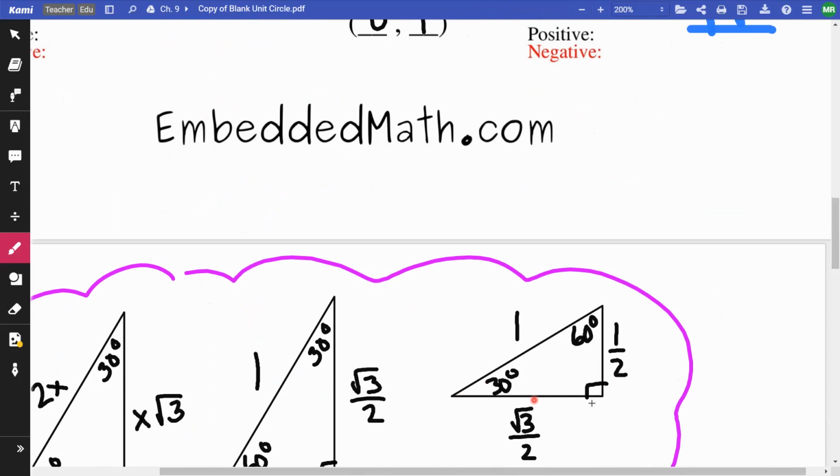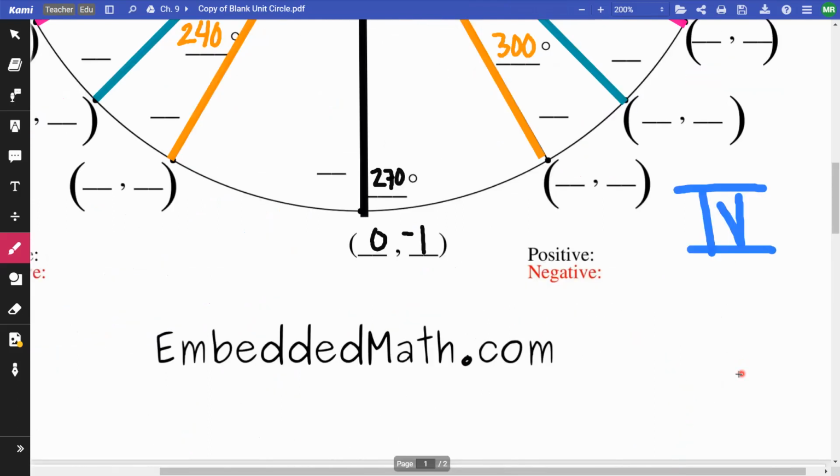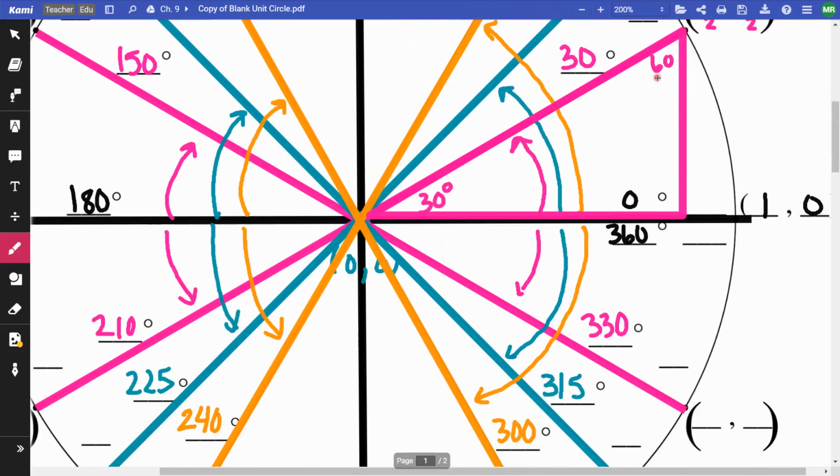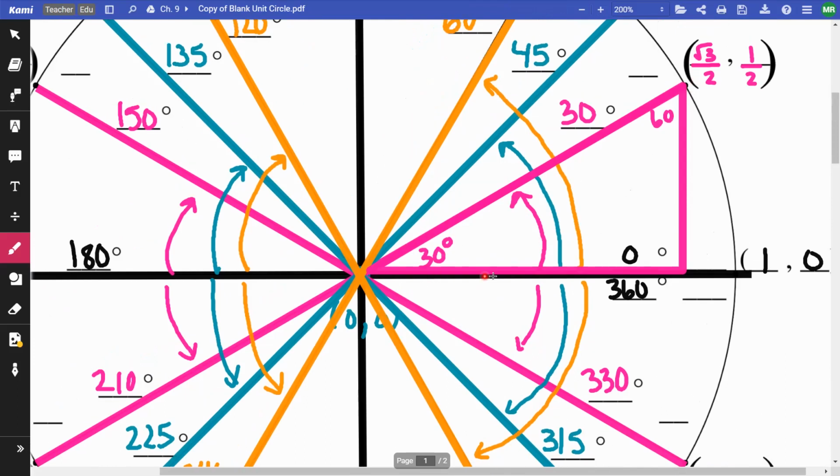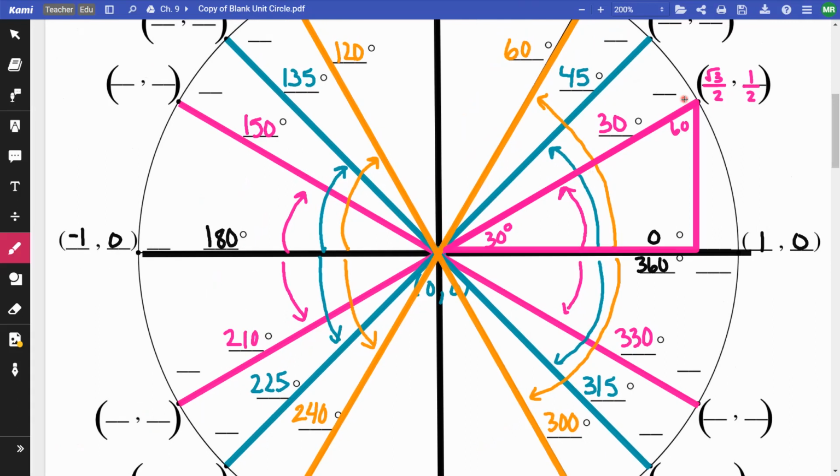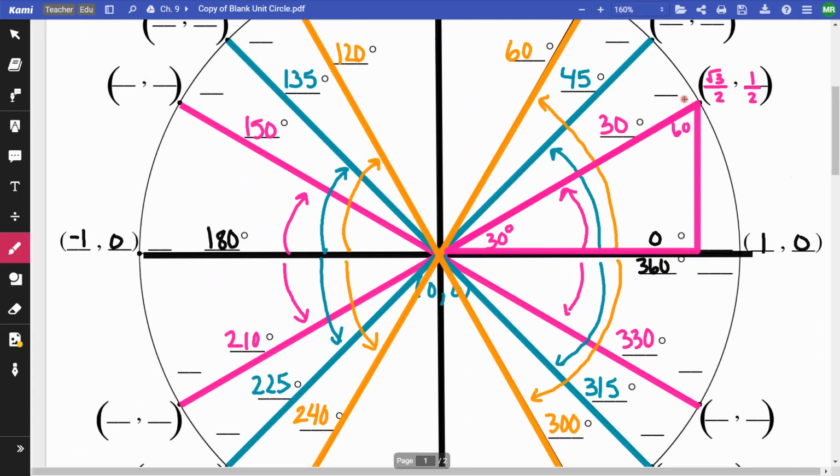To get to this point, I'm going this direction, this direction. So to get to this point right here, I'm going this, which is √3/2, comma, this, which is 1/2. Now, the reason I did all these pink ones in pink or whatever color you are using is because all of the other ones are going to be the same coordinates because it's the same distance.